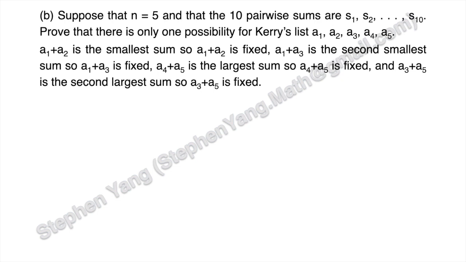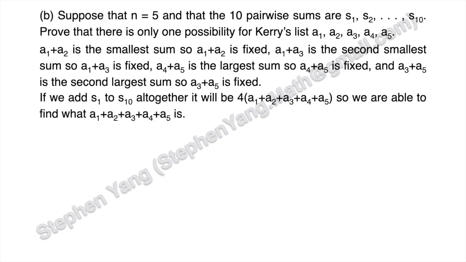And we know that a4 plus a5 is the largest sum, so a4 plus a5's value is also fixed. And we know that a3 plus a5 is the second largest sum, so a3 plus a5's value is fixed too. So we know the value for these four sums.